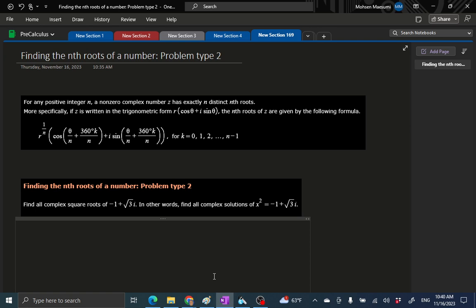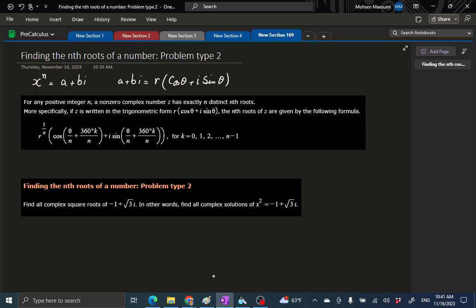Hi, welcome to Pre-Calculus. Today's topic is finding the nth root of a number, problem type 2. So what we are after is that we are trying to solve x to the power of n equal to some given number, say a plus bi, and we figure out that a plus bi is equal to the following polar form, r times cosine of theta plus i sine of theta.